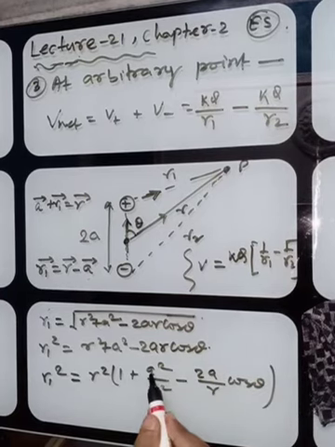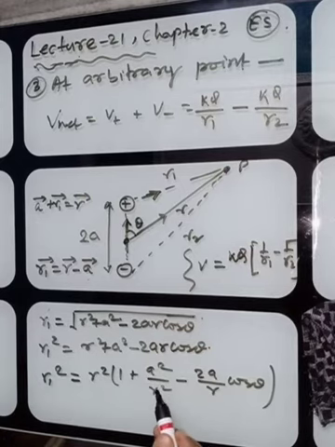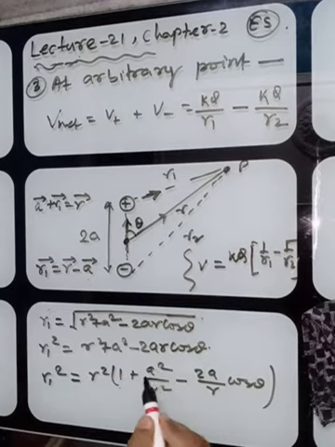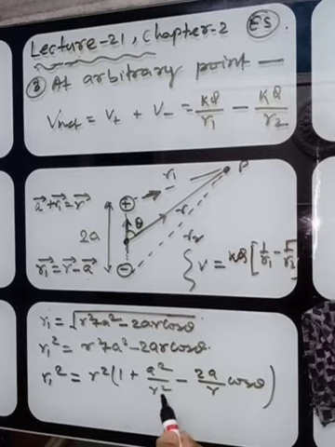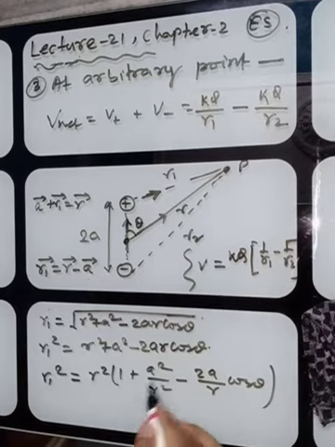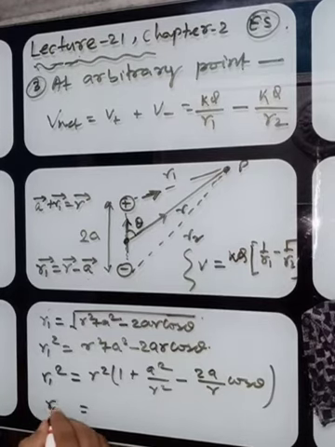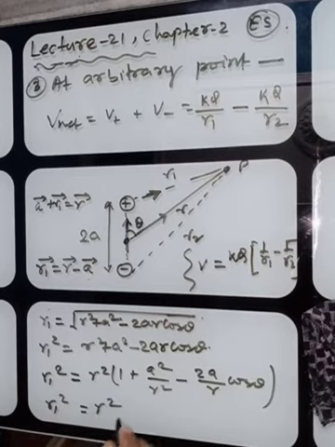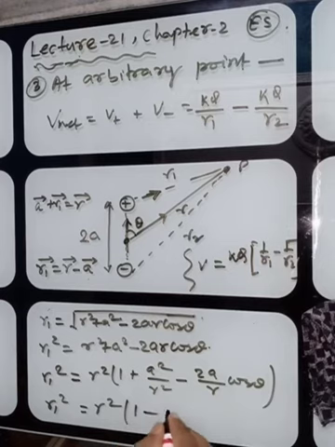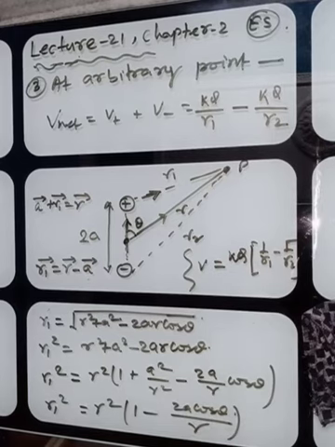Since A is very small, dipole length, for short dipole we are obtaining here the formula, A is small, and already we are getting A square, so it will be very small, and we are dividing by a denominator which is large. Okay, so this quantity will be very small, we can neglect it. R1 square is R square times 1 minus twice A cos theta over R. We can write this one.